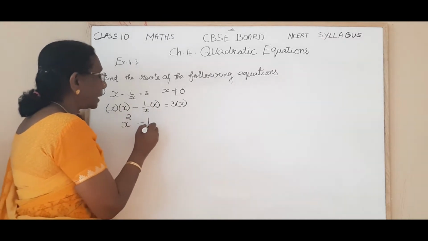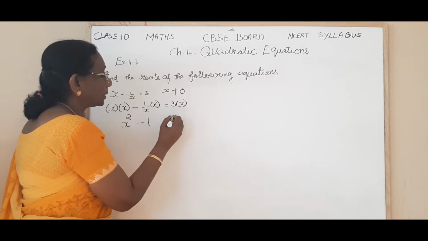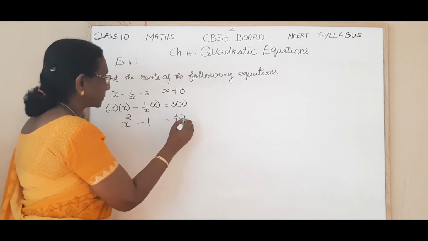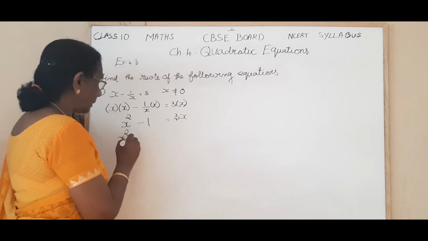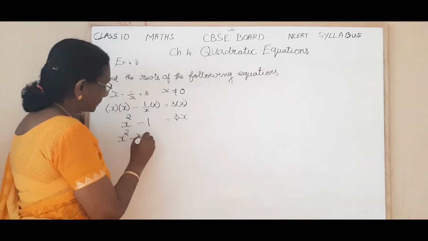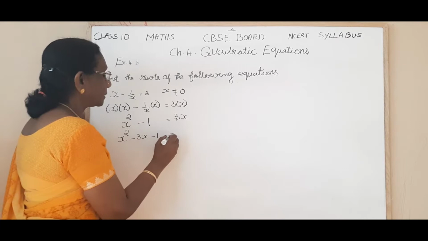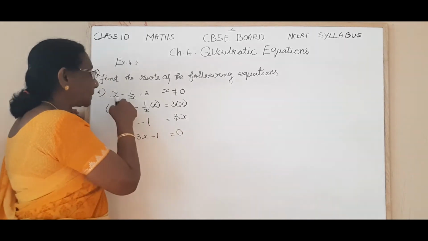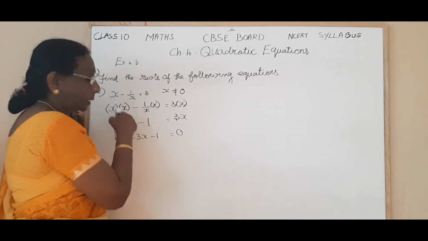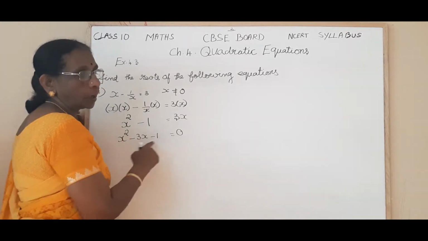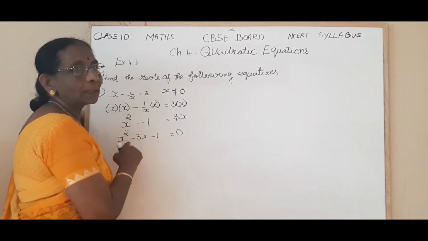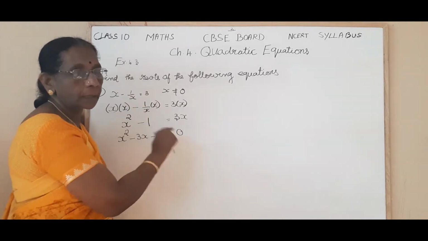So 1 will be left over, is equal to 3 into x, 3x. Now you bring this here: x square minus 3x minus 1 is equal to 0. So now we have rewritten this equation as x square minus 3x minus 1 is equal to 0. That is, it is now in the standard form of the quadratic equation.